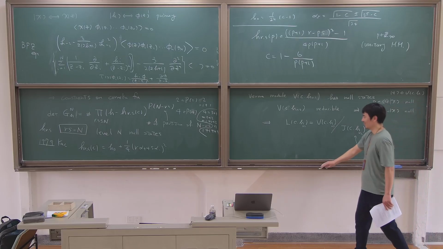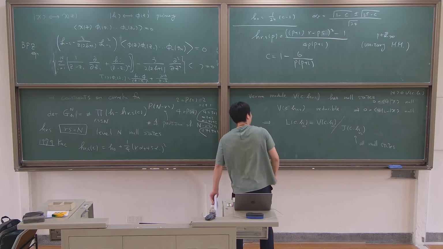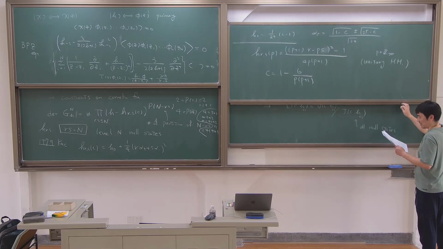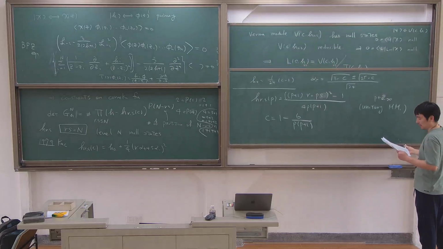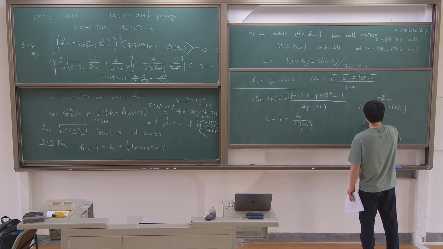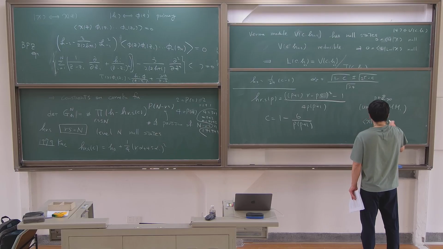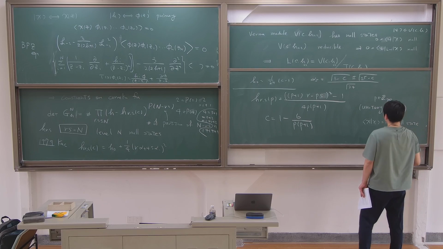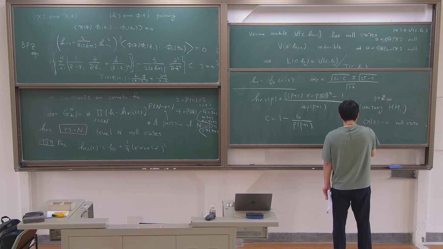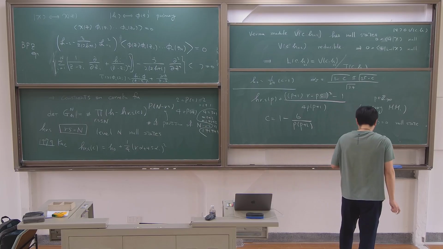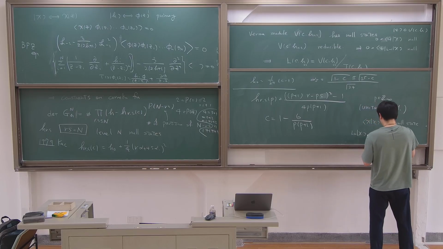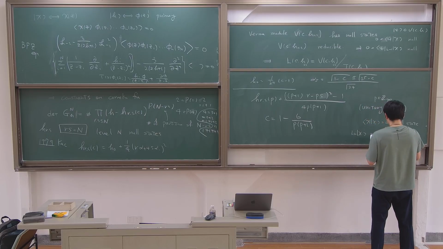So there's a clear difference between singular vector and null state. Null state means that chi is null, and L_n chi is equal to 0 in the Verma module for n greater than 0.